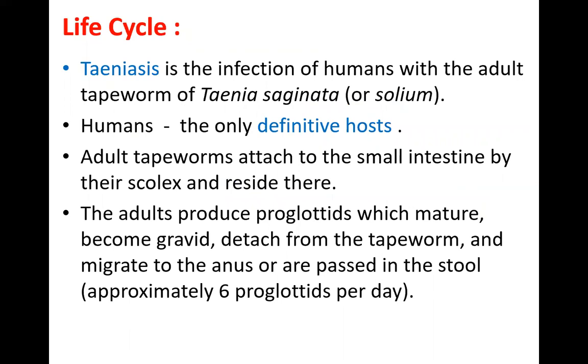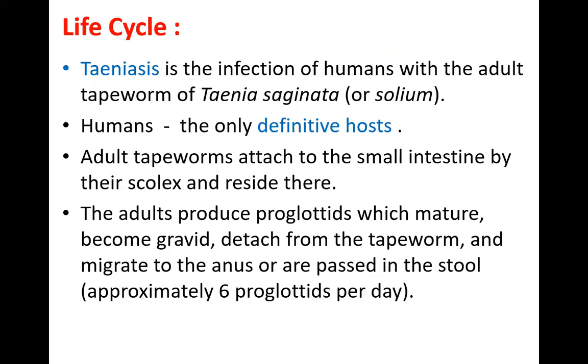About the life cycle of Taenia saginata and Taenia solium also, the disease taeniasis is produced by infection with these parasites in human beings. The adult tapeworm of Taenia saginata or solium lives in the intestinal canal. Humans are the only definitive host.